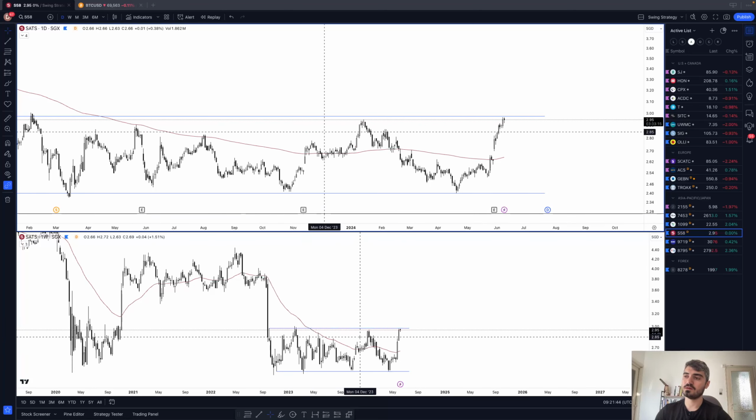But this is the plus. The minus is that longer patterns have sloppy breakouts. Okay, they usually take more time for the breakout to completely break out, let's say.